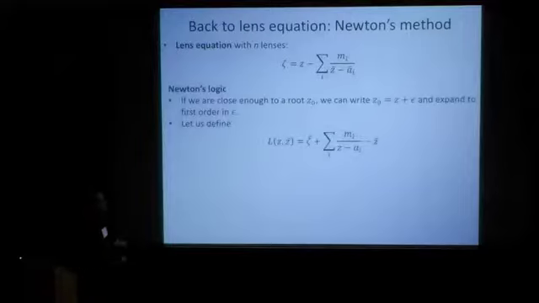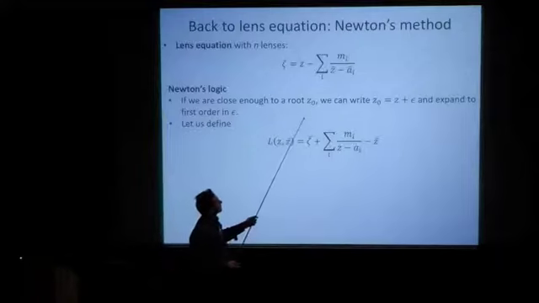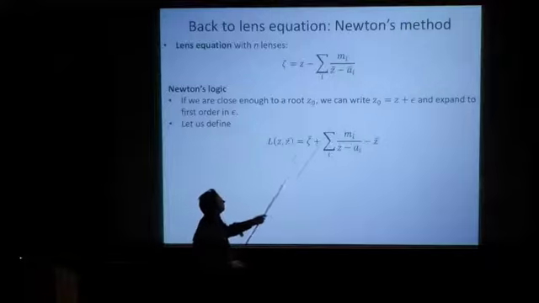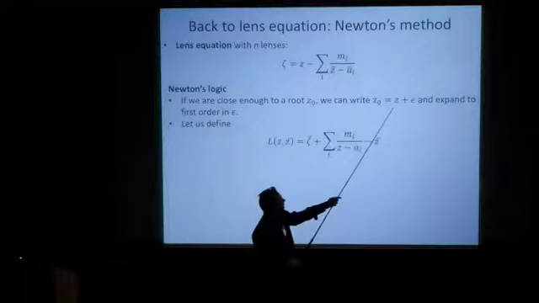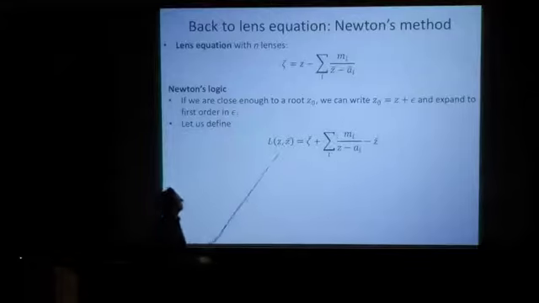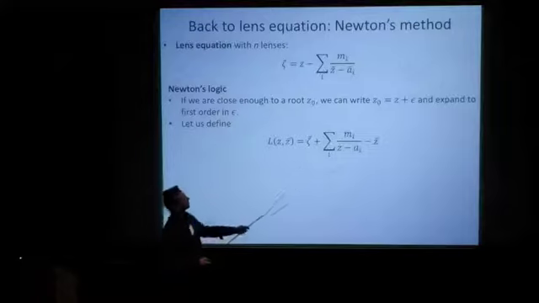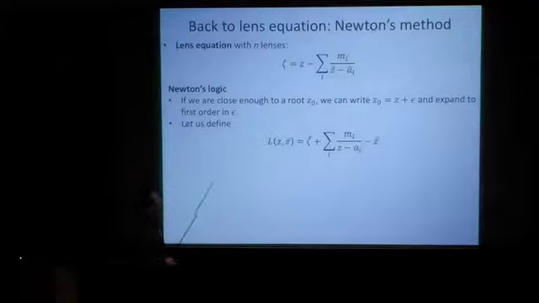So the philosophy behind Newton's algorithm is that if we are close enough to the root, then if this is the root, we can say that our current position is actually close to the root plus some small quantity. And then we can expand the lens equation close to the root. So if we define our lens equation function, just taking everything on one side of this equation, we can make an expansion.